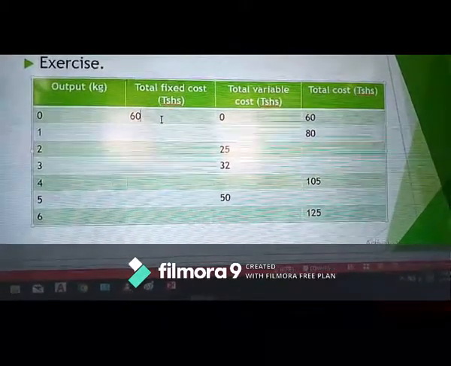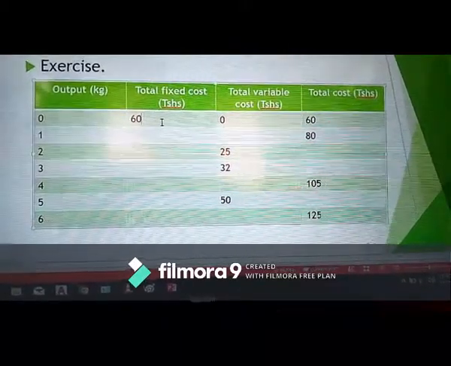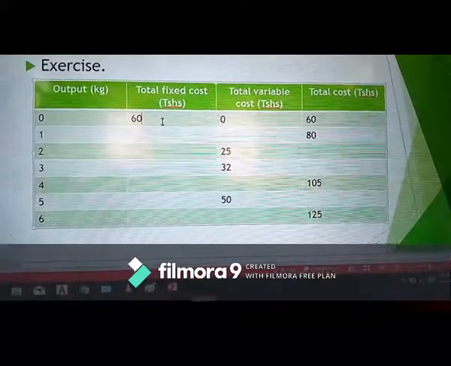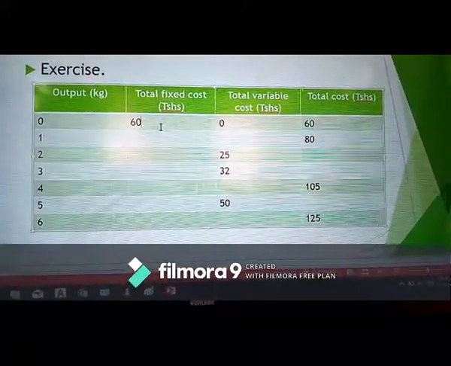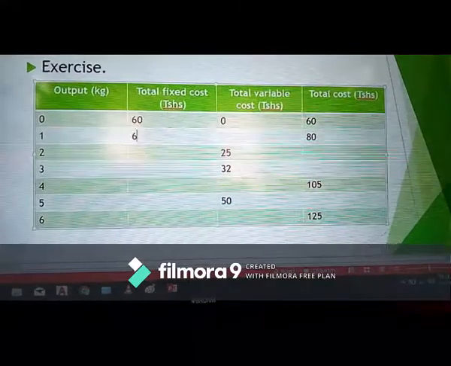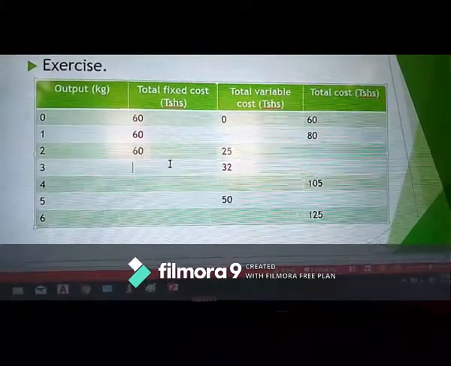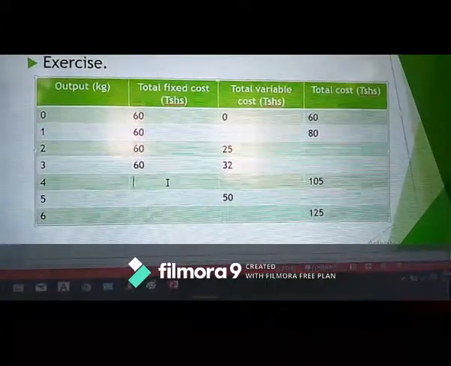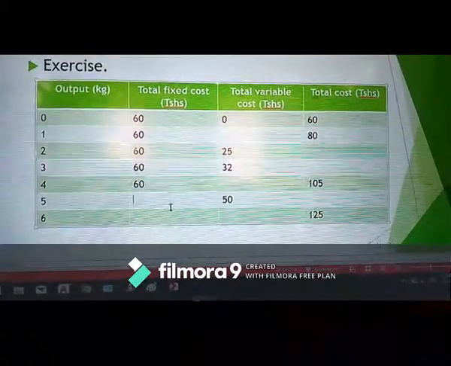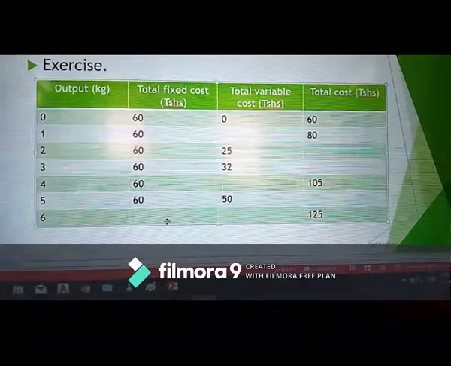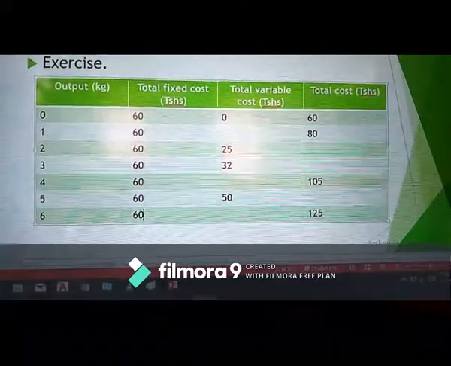This means that under all levels of output, total fixed cost tends to be the same. So if here it is 60, we expect even at this point to be 60. The same applies here, 60, 60, 60, and the last one will also be 60.